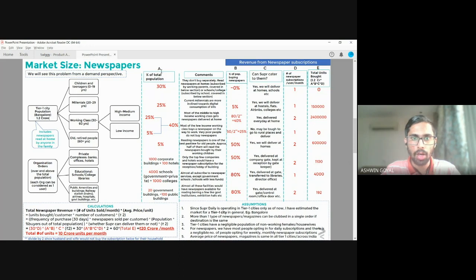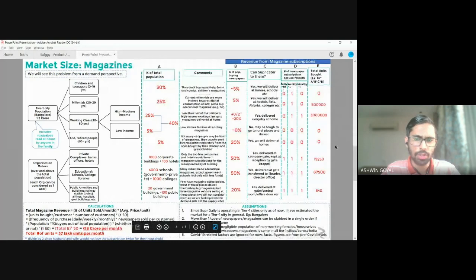Then this is a guesstimate, basically. All this is a guesstimate for the market size. So this is the total units bought for each of these categories. For example, millennials buy 1,50,000 newspapers. Then all these are some calculations.